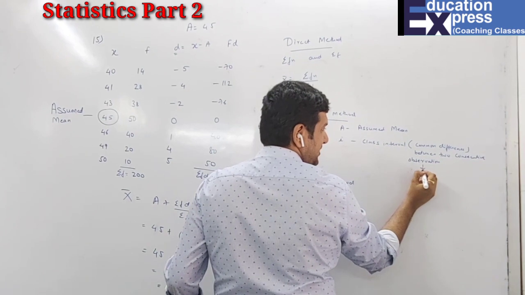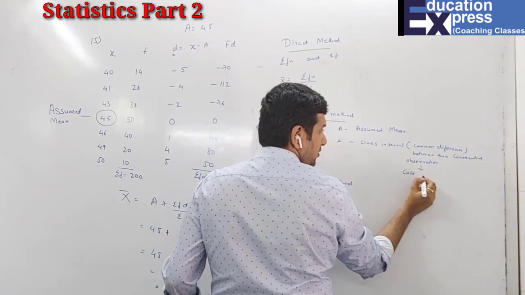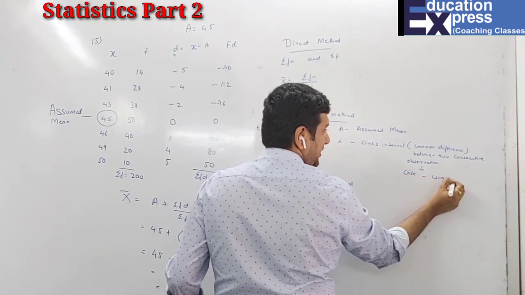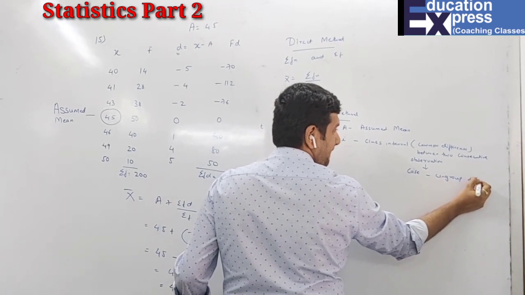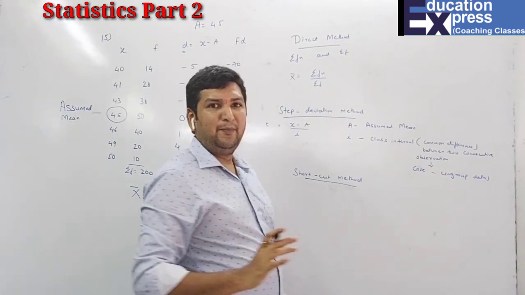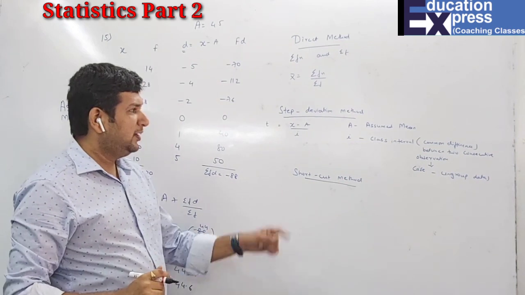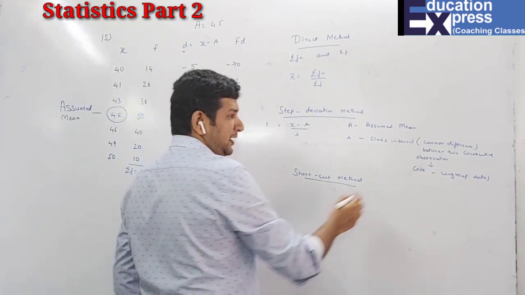Students, this is the case for the ungrouped data. Common difference you have to find between the two consecutive observations, case for your ungrouped data.